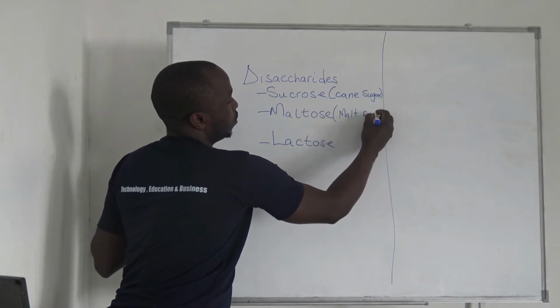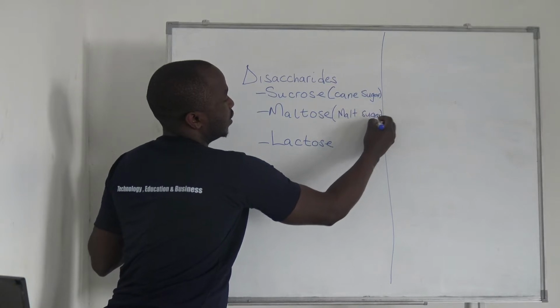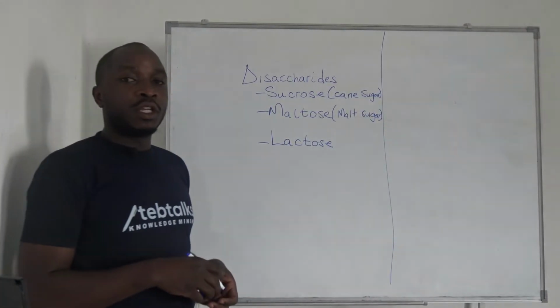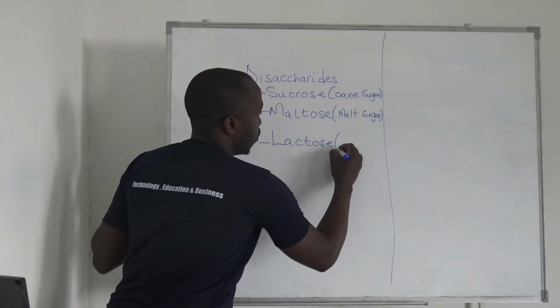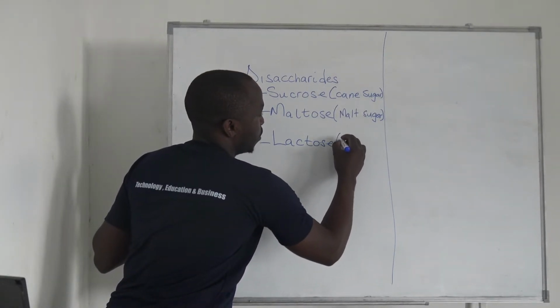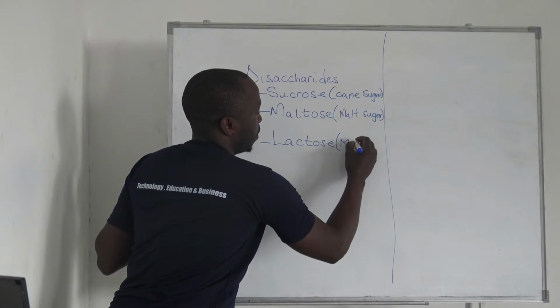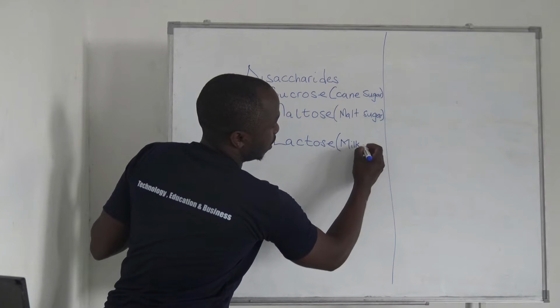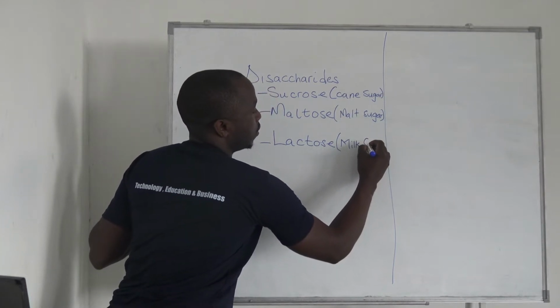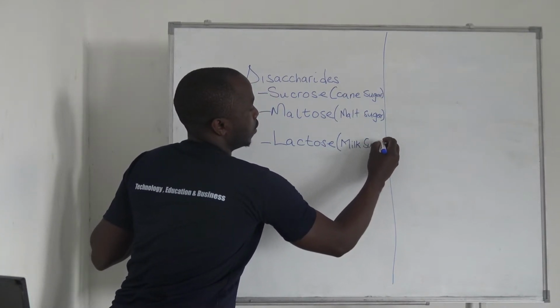It's called malt sugar on the market. Then lactose is commonly called the milk sugar, the one traded as milky sugar.